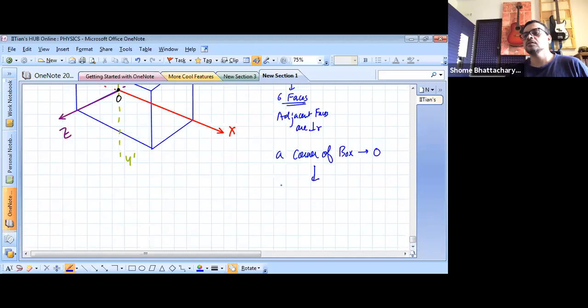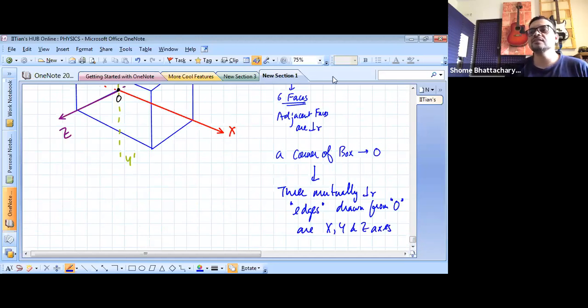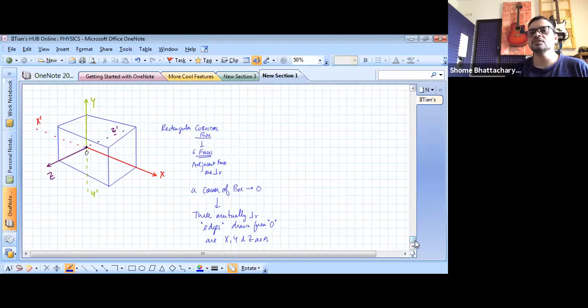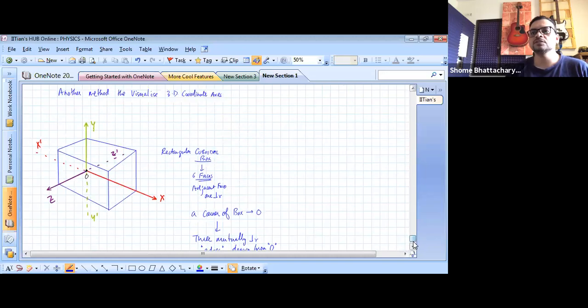The 3 mutually perpendicular edges from that corner point which you have taken as the origin are the x, y, and z axis. So this is another effective way of visualizing a 3-dimensional coordinate frame. Okay, and further when we express vectors, you will see this will be very useful.